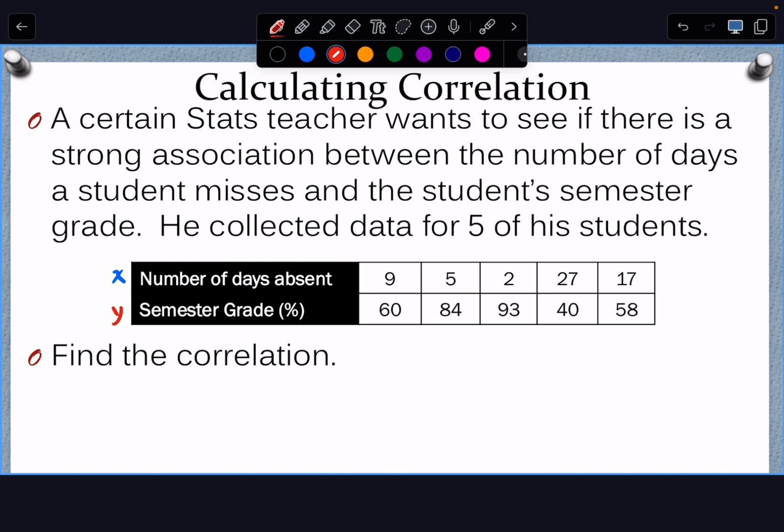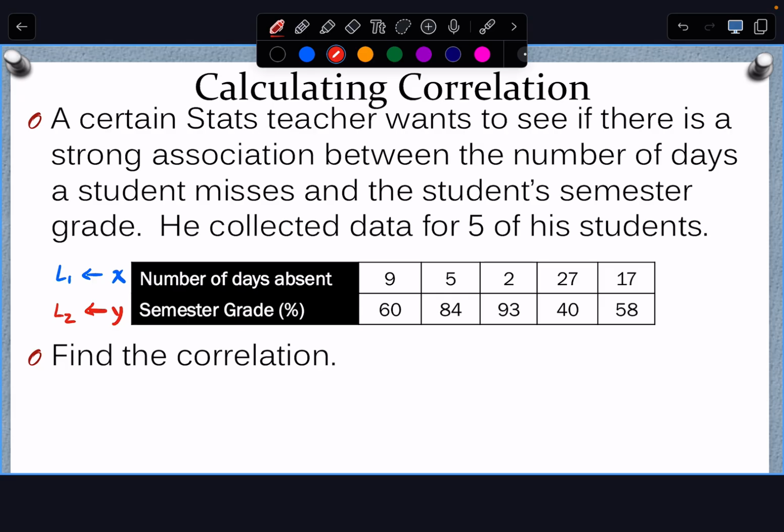We're just going into our lists. We are going to put x into list 1, and we are going to put y into list 2. Every time we do this, we're going to put x in list 1, we're going to put y in list 2, and then when you go to a different example, you're just going to overwrite those lists every time.